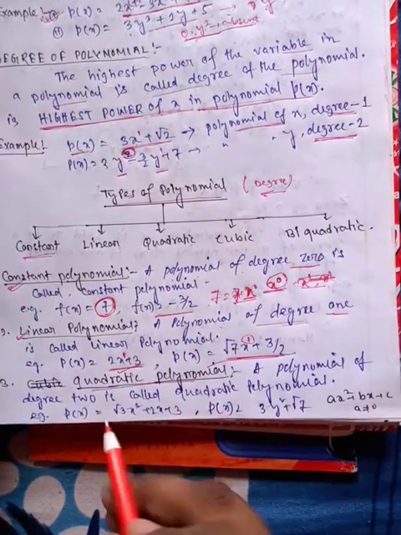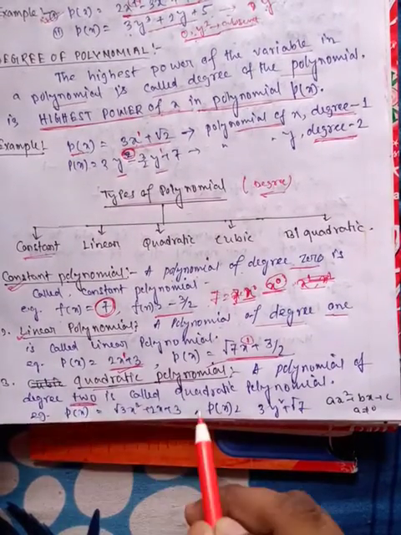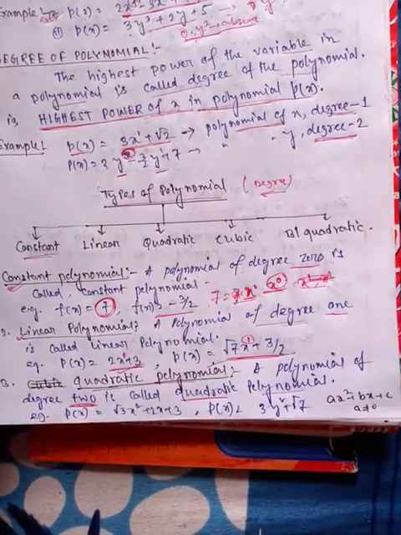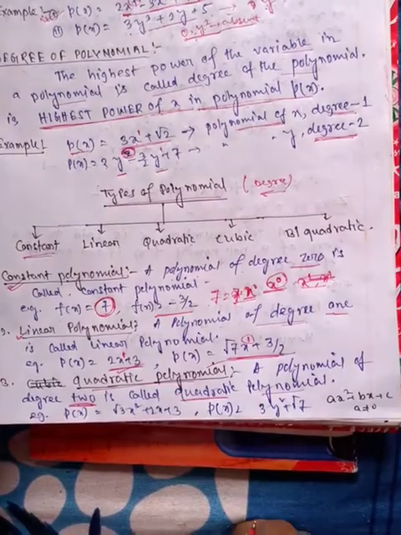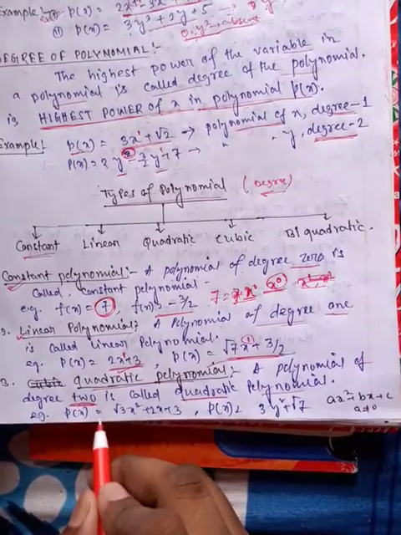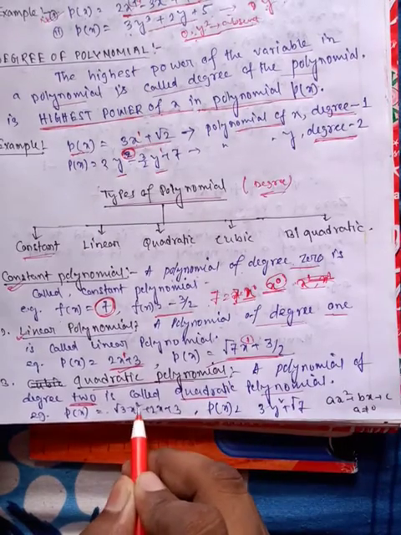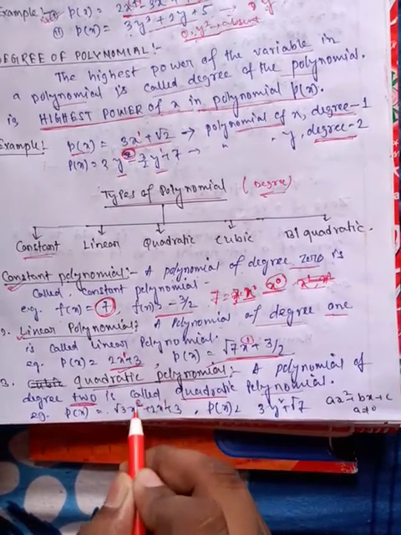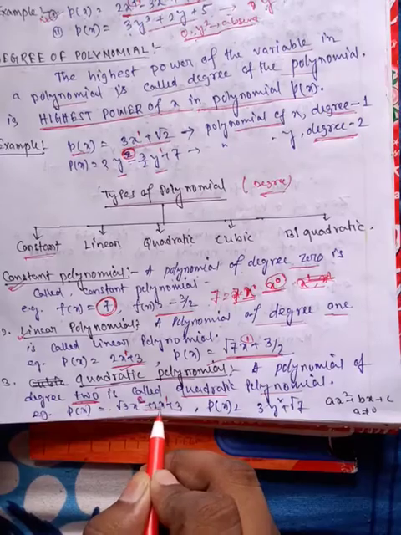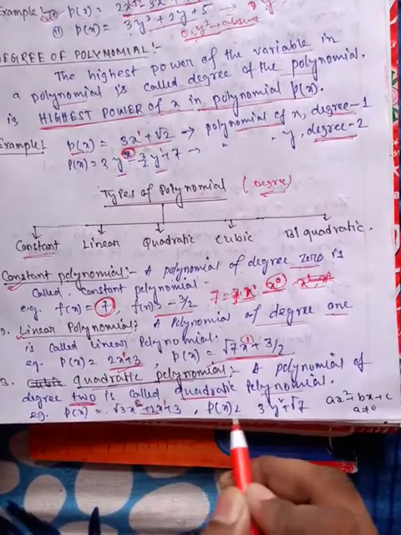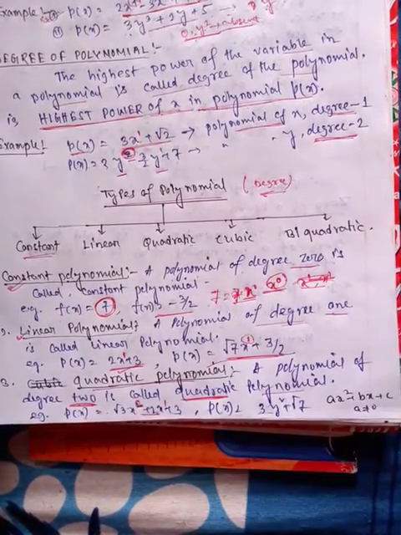A polynomial of degree 2 is called a quadratic polynomial. So degree 2 means the maximum power of x is 2. So you can see here root 3 x square plus 2x plus 3. The maximum power is 2, here 1, so the maximum is 2, so it is a polynomial of degree 2. So this type of polynomial is said to be a quadratic polynomial.